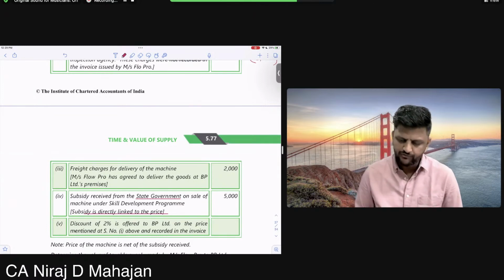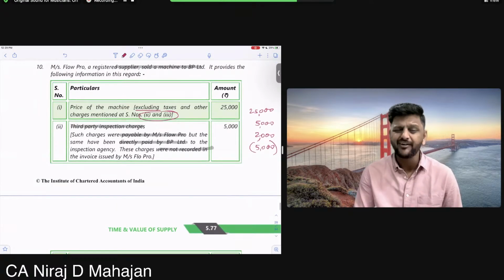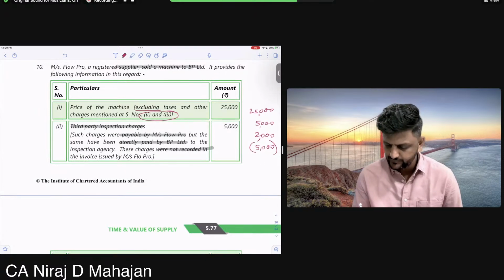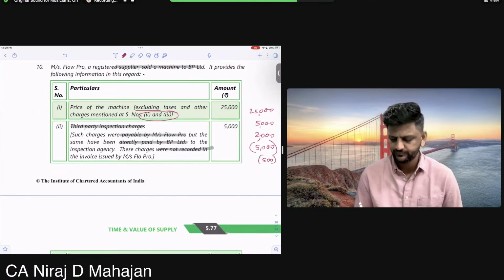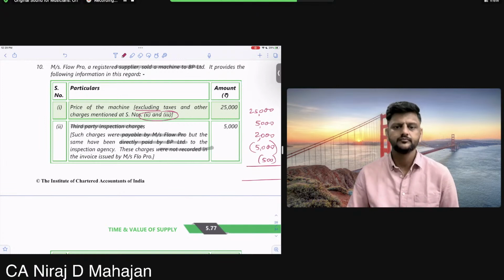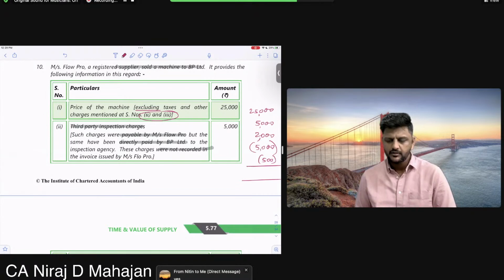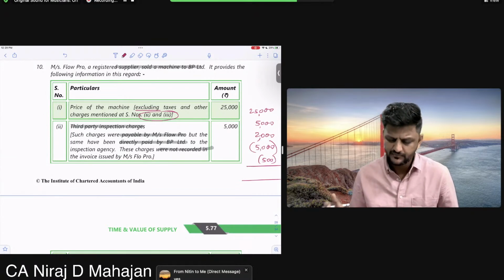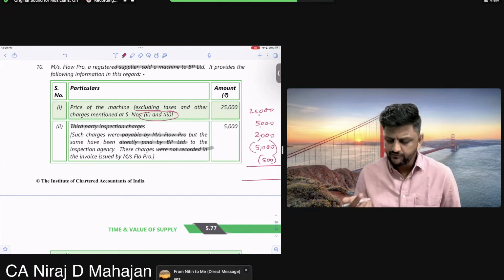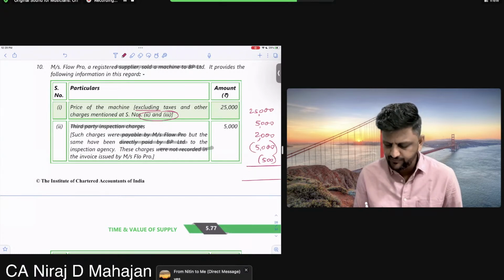So 2% off 25,000 is 500 rupees. Tell me, correct or no? So 500 gone, 27,500, 26,500. Is it right? 500 and 500 gone. And 1,500 add. 26,500. Is it right?